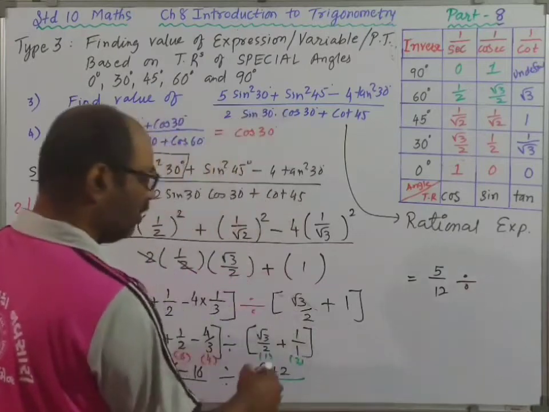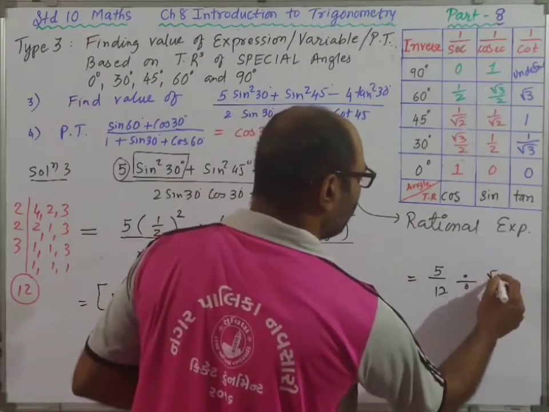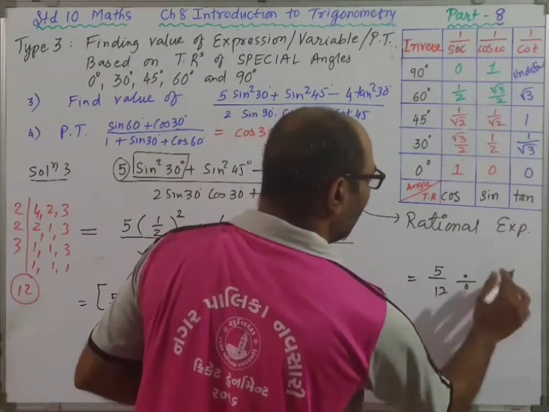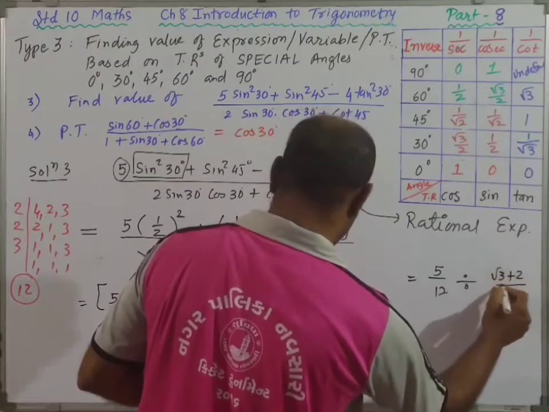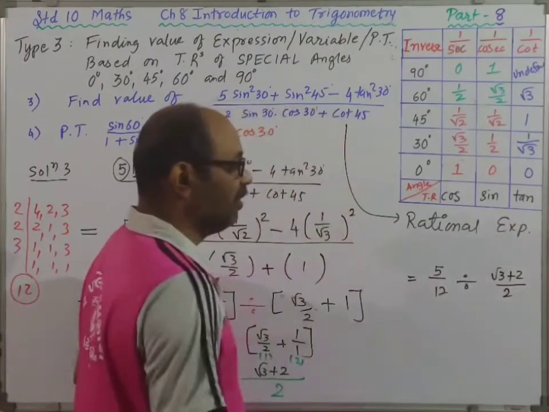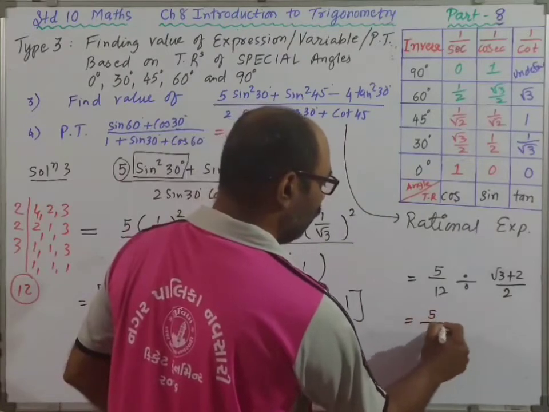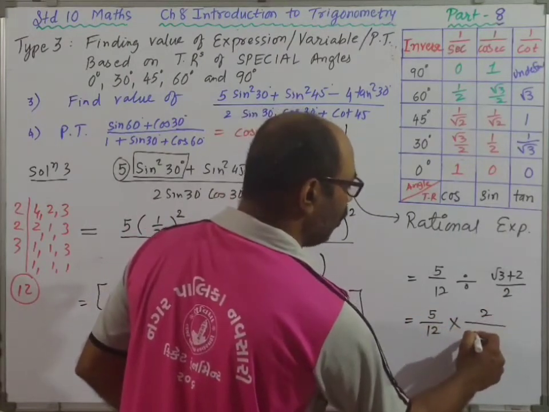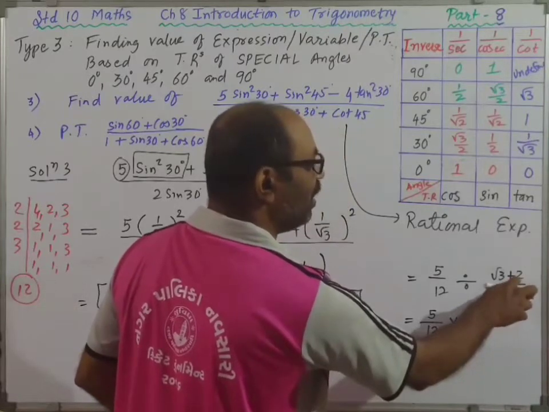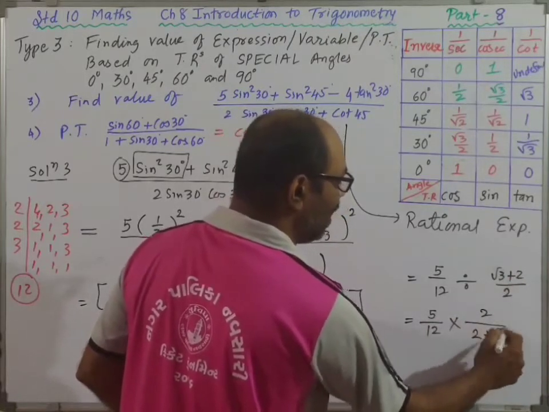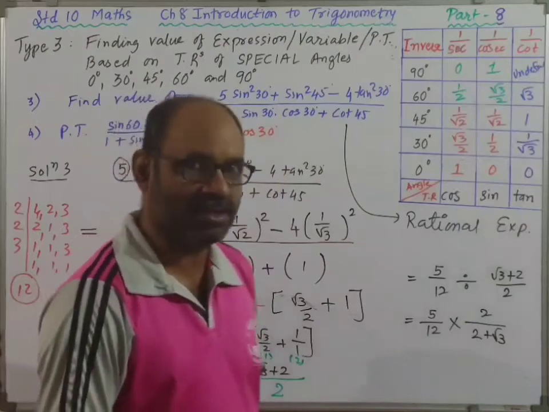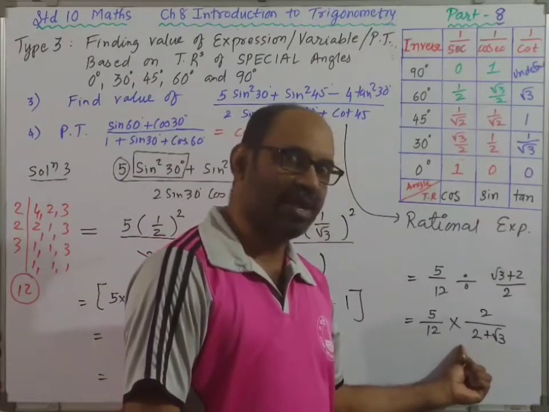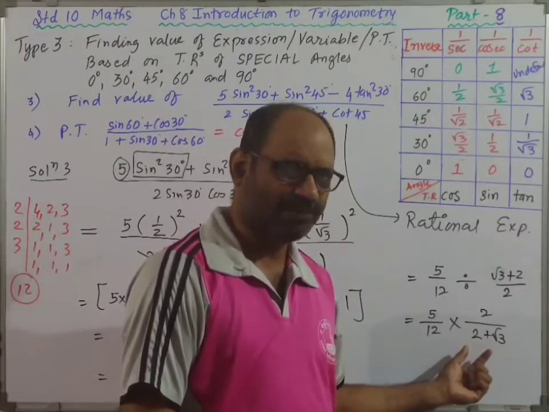Divide by, this is root 3 plus 2 upon 2. Convert division into multiplication. 5 upon 12 multiplied by 2 upon, bigger term, bigger number is 2. So I am putting 2 plus root 3 instead of root 3 plus 2. Bigger term you have to write first. Both are positive.